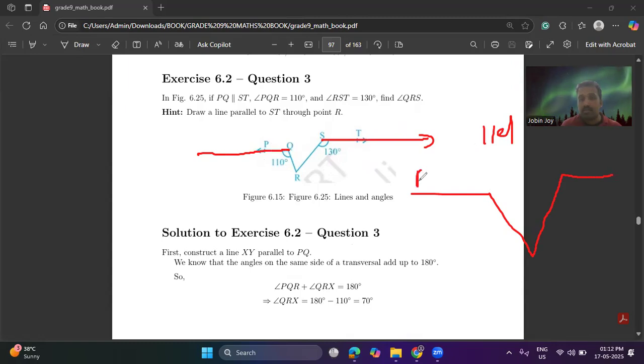This is PQR. This angle is given, equal to 110 degrees. And this is ST. RST is equal to 130 degrees. Find QRS. Calculate this angle QRS.